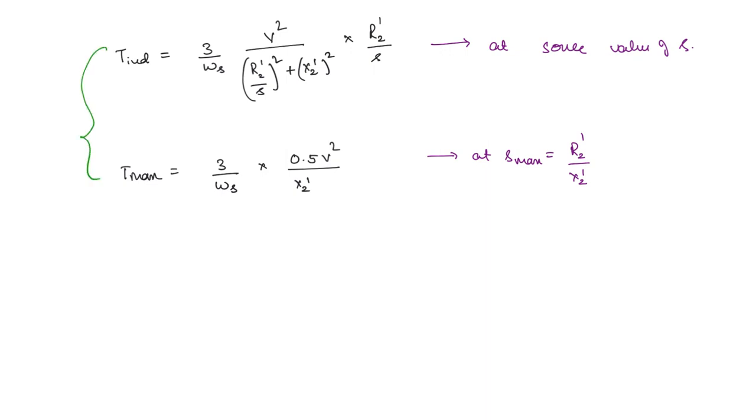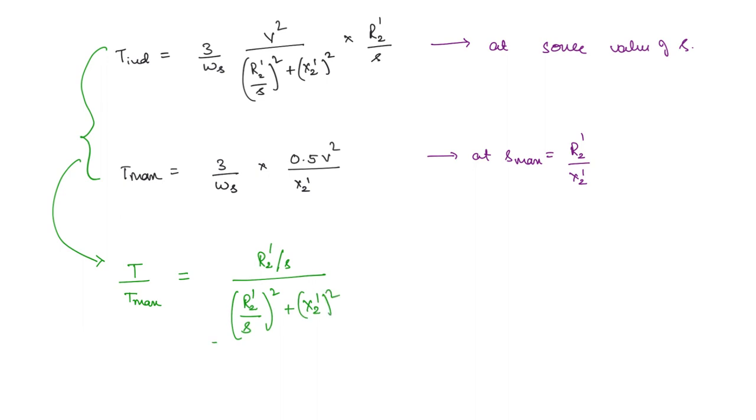So, from both of these expressions, we can get any torque as a fraction of the maximum torque, okay. The ratio T by T max will be equal to 3 by omega S and V square will be cancelled out. So, what are we going to be left with? R2 dash by S divided by R2 dash by S whole square plus X2 dash whole square, divided by 0.5 by X2 dash. Now, what we will do is, instead of R2 dash, we will write S max X2 dash in this expression. Okay.